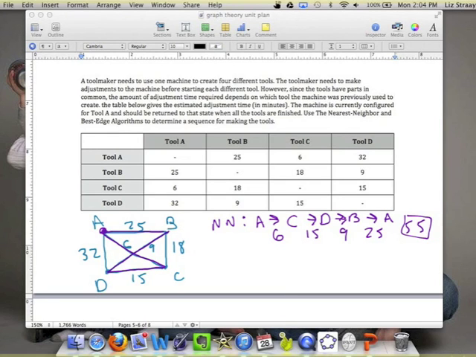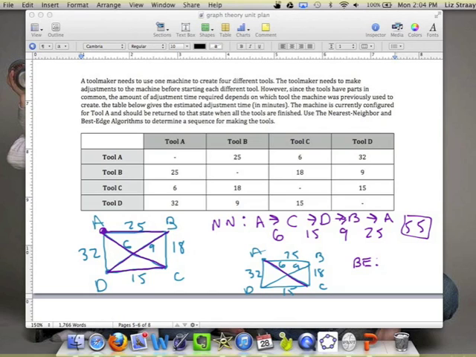So for best edge, to draw out the graph again, in best edge, we get to just pick our best edges. So what is the best edge? 6.